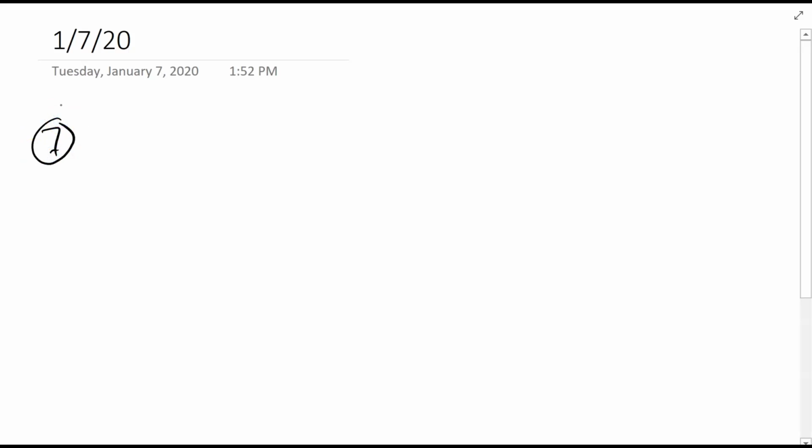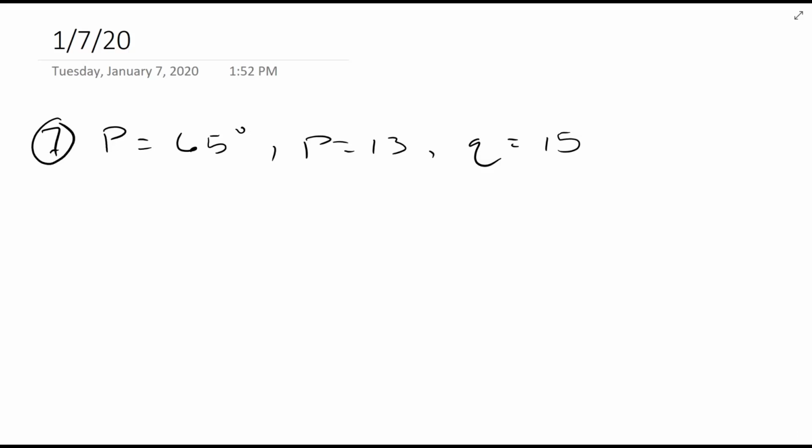So for 5 through 10, we're asked, are there 0, 1, or 2 triangles possible for these given measurements? The first thing I'm going to do is check to see if I'm even in the ambiguous case situation.